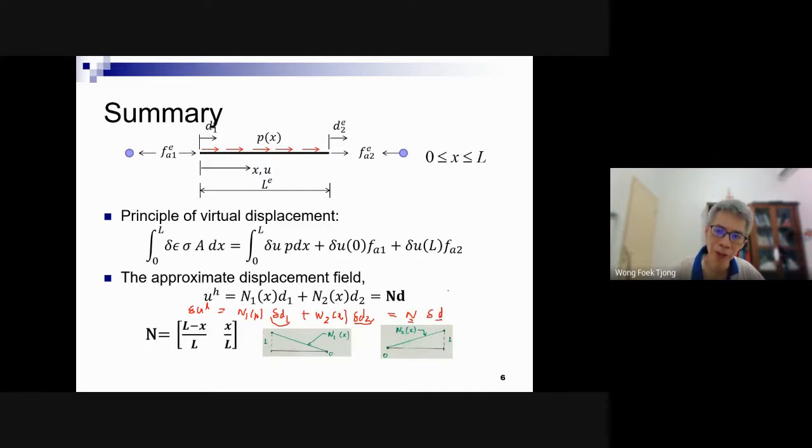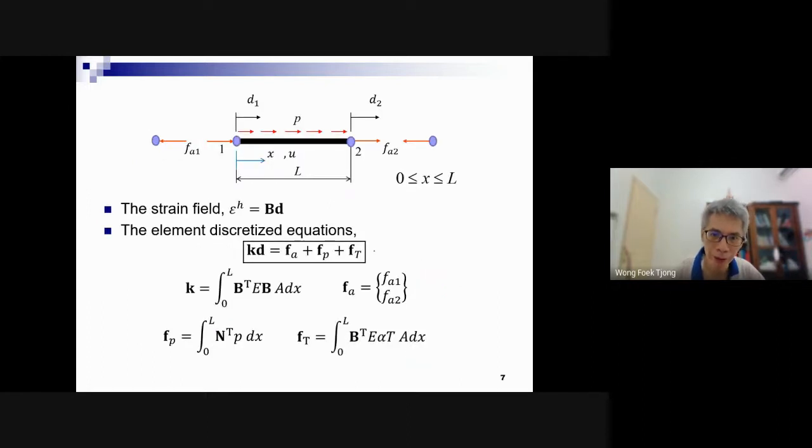Substituting this into this one, we obtain the equation that we want. That's the discretized equation for each element. For this element, that's the stiffness matrix. This one, integrals of B transpose E B A dx.